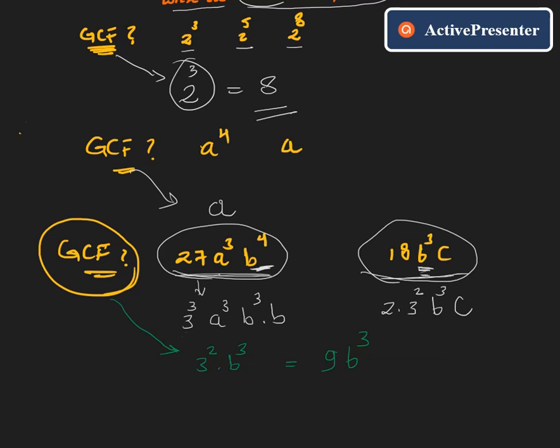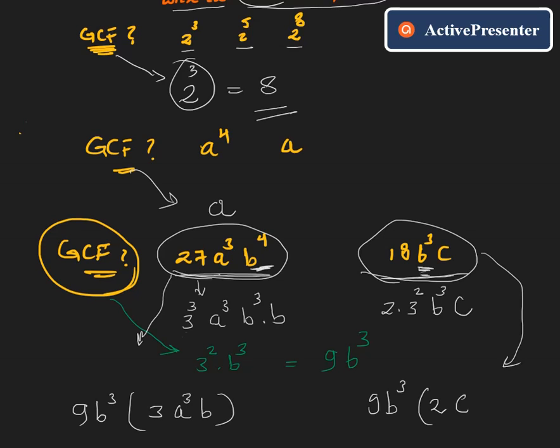Okay, if you take 9b cube aside and factor this one, it should be 3a cube b, and this one, if you factor it with 9b cube aside, it should be 2c.